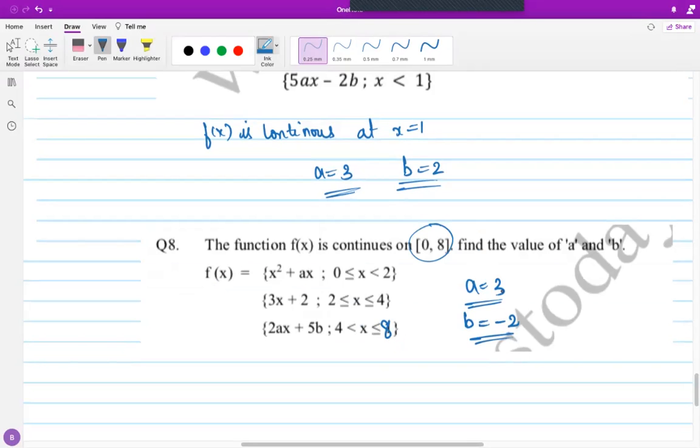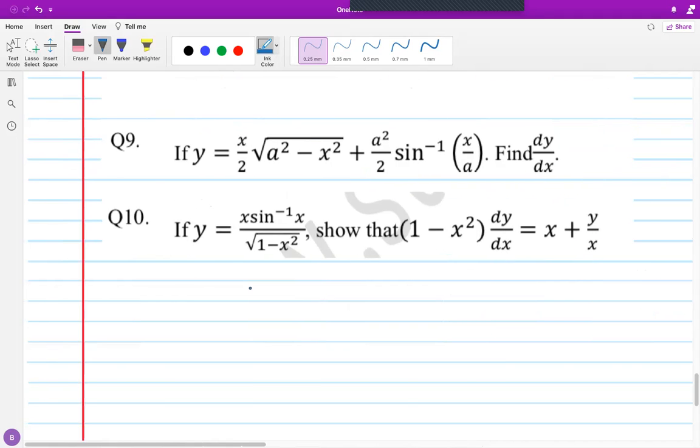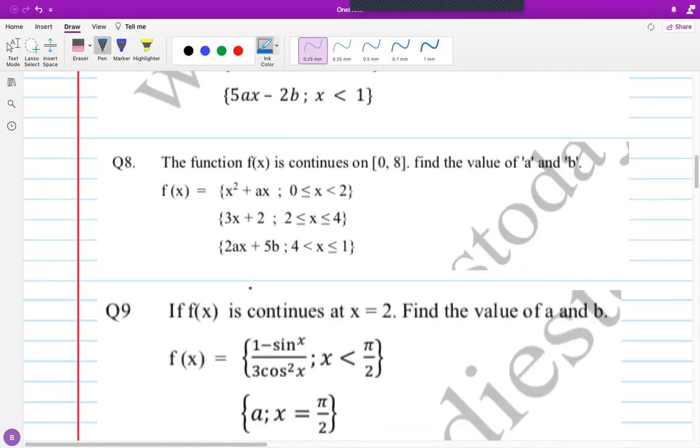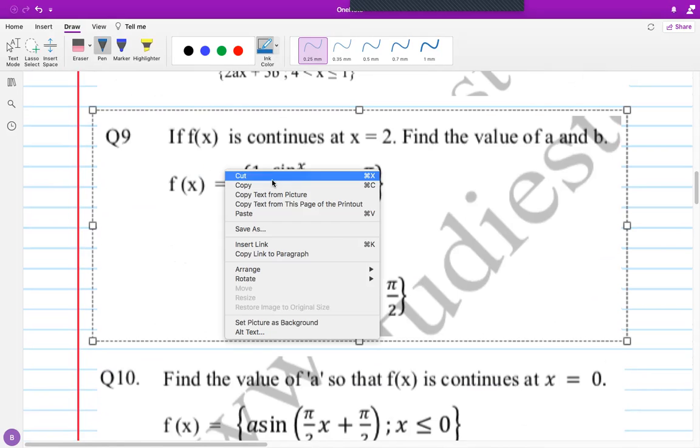Then the ninth question. The ninth question alone I'll do. Ninth and 10th, so we'll be doing the 9th and 10th.